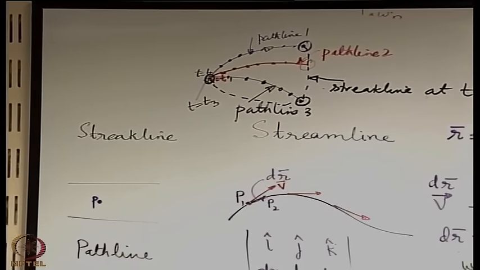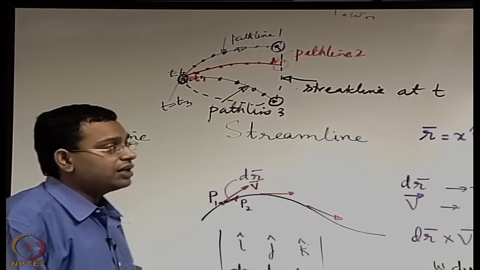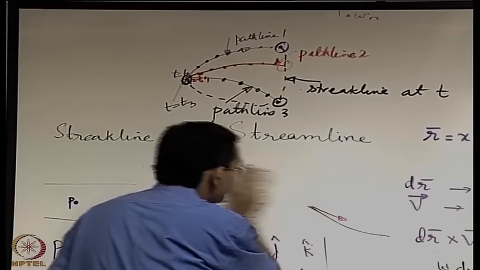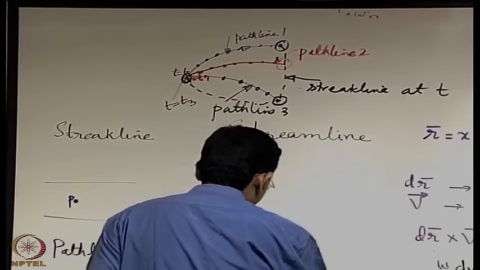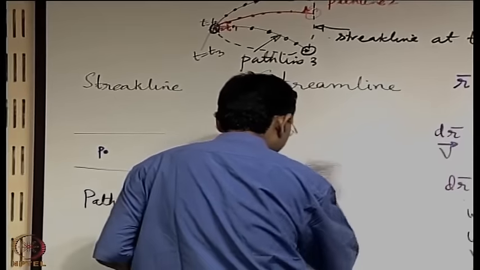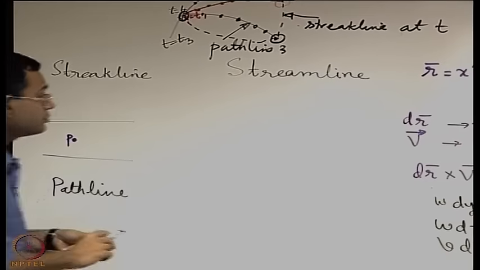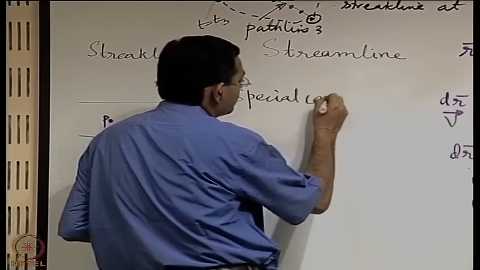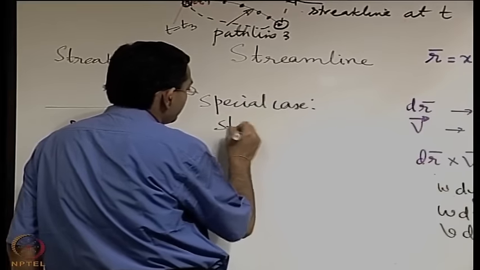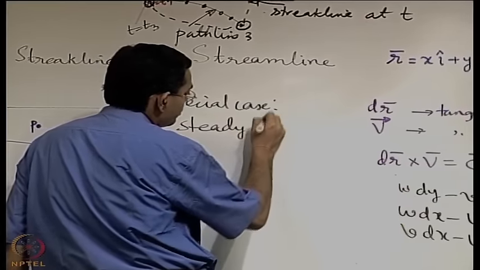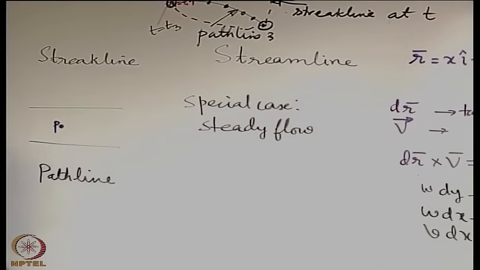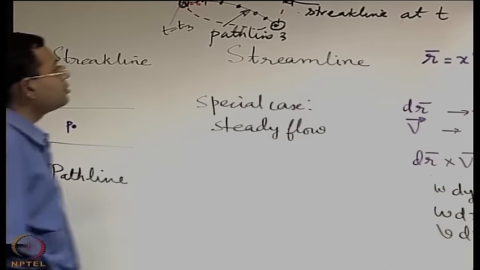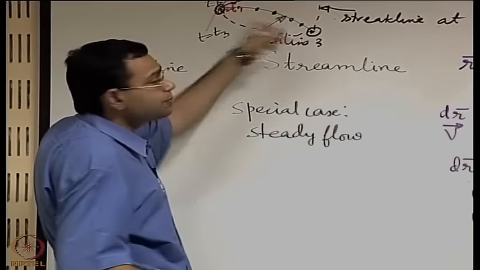Let us take the example of a very special case, but a very interesting case. What is that special case? That special case is for a steady flow. So when you have a steady flow, then let us try to draw these path lines.